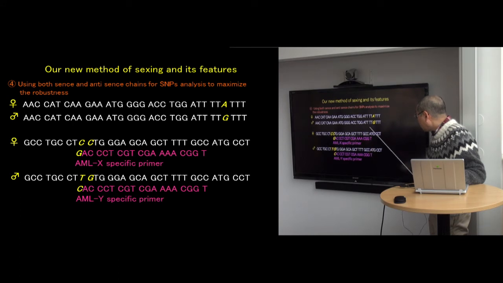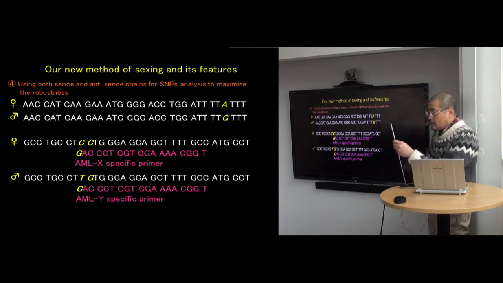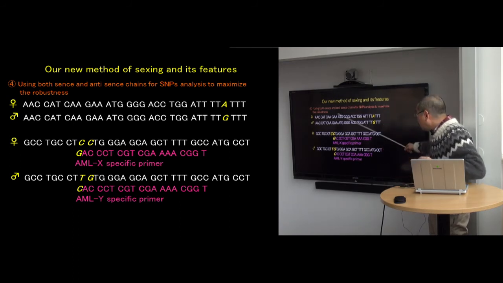But actually, there are two chains because DNA, as widely known, is a double-strand structure. So there is another complementary chain for both sequences.